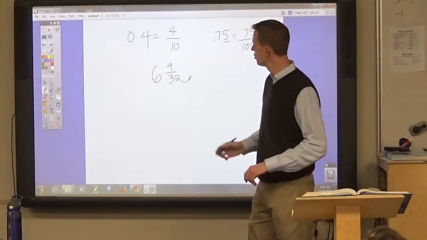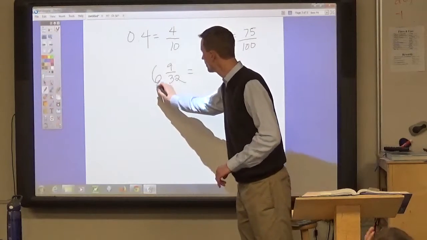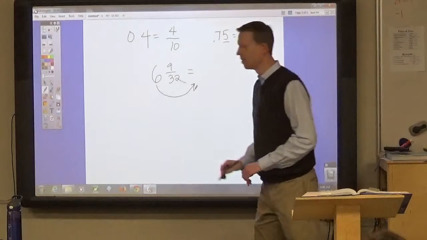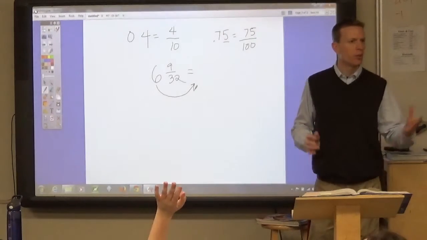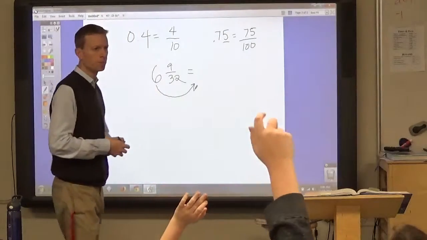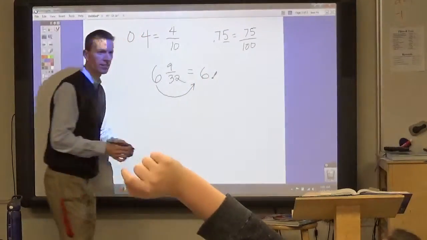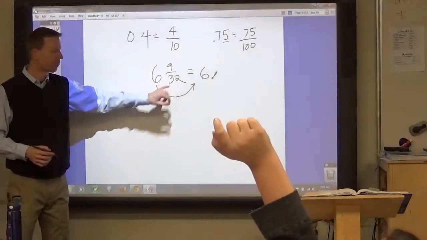And we're converting this to a decimal, right? What would we do with that 6? You'd make it into a whole. Yeah, the 6 point. Then how would we convert the fraction to a decimal?